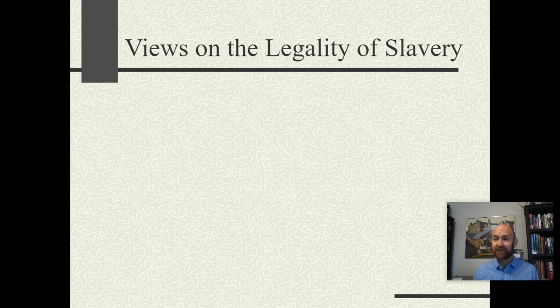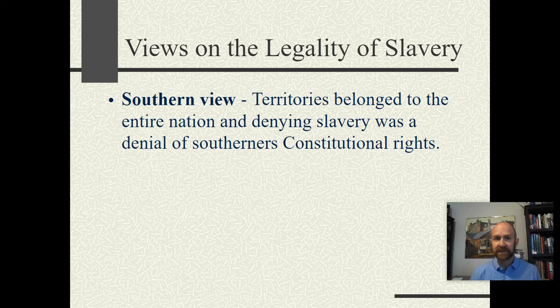The different sides have different views about the legality of slavery. The South kind of had this view that the territories belong to the whole nation, and denying slavery there or denying their constitutional rights. And so they believe that the states have the ability to choose whether they want to be slave states or not.